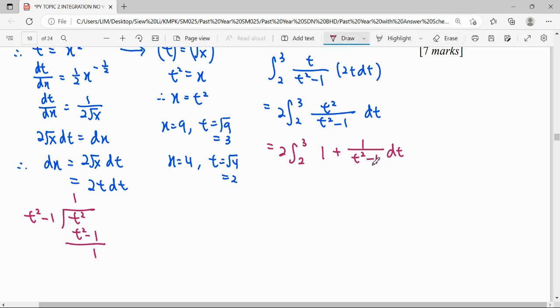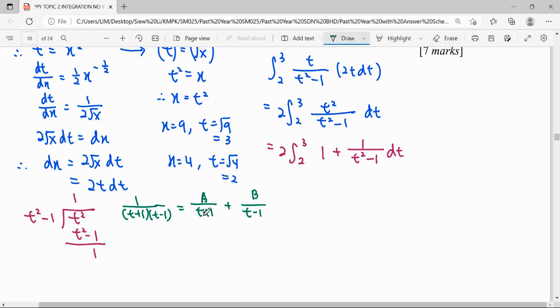For this fraction, to overcome the problem, we will use partial fractions. So we make sure our denominator here is in factorized form, t plus 1, t minus 1.